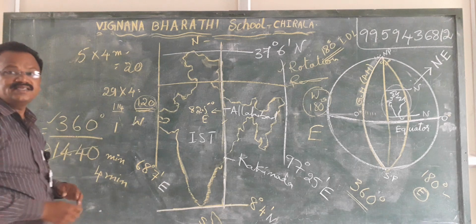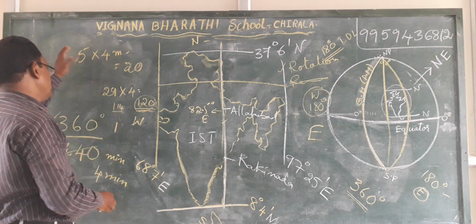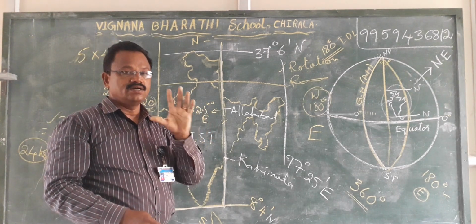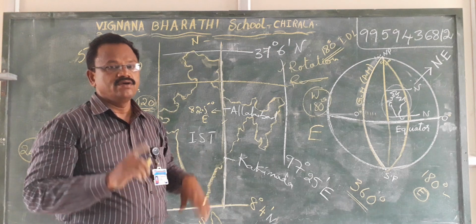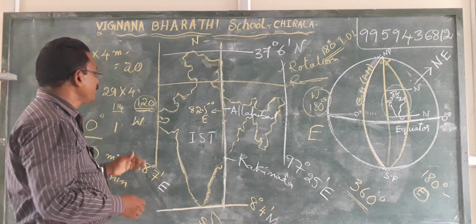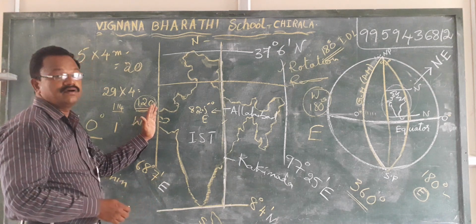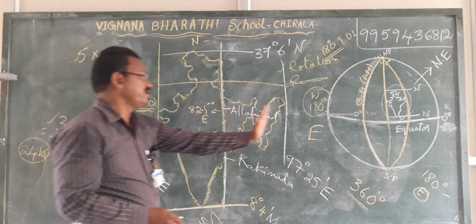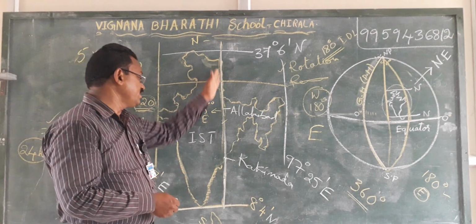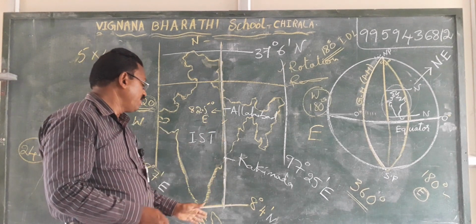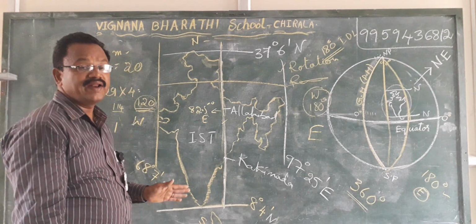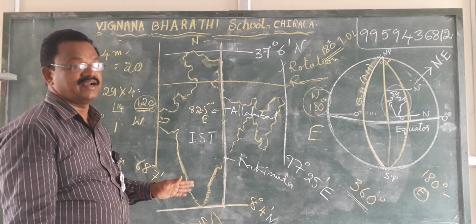The time difference is only 20 minutes if the longitudes are only 5. For 5 longitudes, 20 minutes; for 10 longitudes, 40 minutes. Like that, we have a time difference of about 2 hours from west to east. That is why, to avoid the confusion, we take the central line 82.5 degrees east as the reference longitude for our Indian Standard Time.